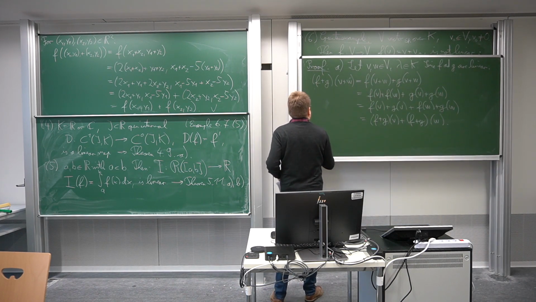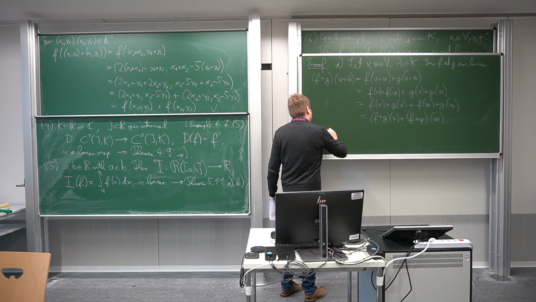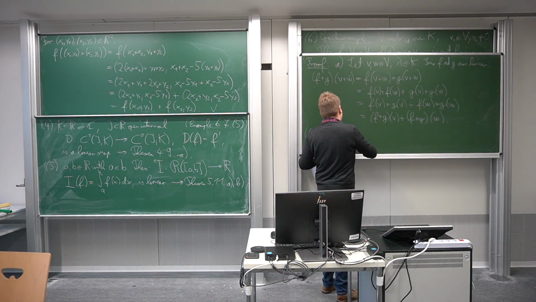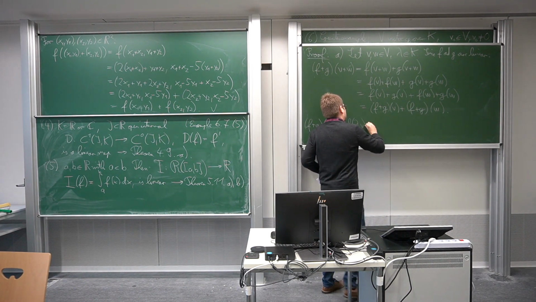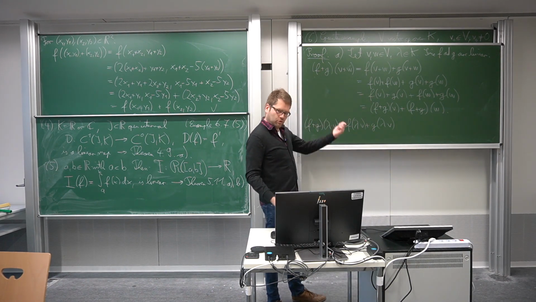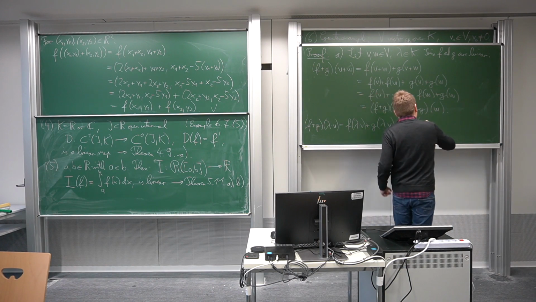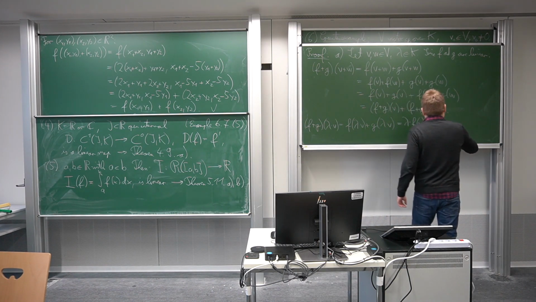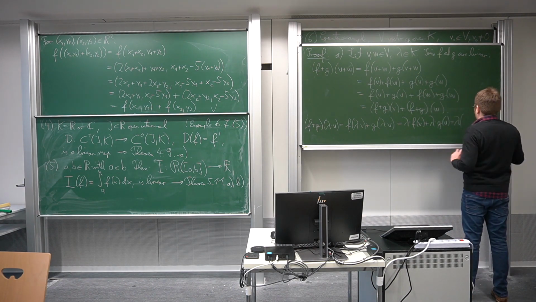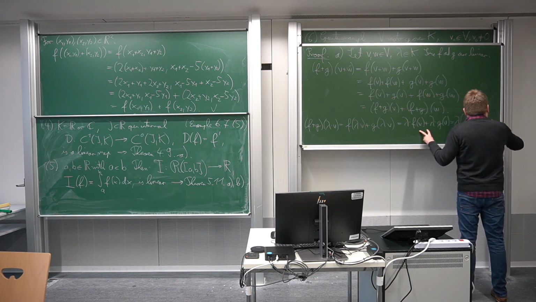The same way now with the constants. I've already introduced this lambda. (F plus G) of lambda times v is, by definition, F of lambda times v plus G of lambda times v. And again, F and G are linear, so we can pull the scalar multiplication out. So this is lambda times F of v plus lambda times G of v, which is, if we factor out this lambda by distributivity, lambda times (F of v plus G of v).